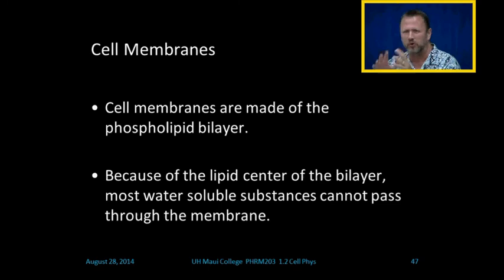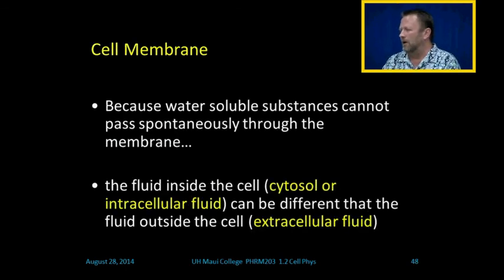And so this is what protects the inside of the cell from the outside of the cell, and allows the inside of the cell to be different than the outside. All right, because the water-soluble substances cannot pass spontaneously through the membrane, the inside of the cell, the cytosol, the intracellular fluid, can be different than the outside of the cell, the extracellular fluid.